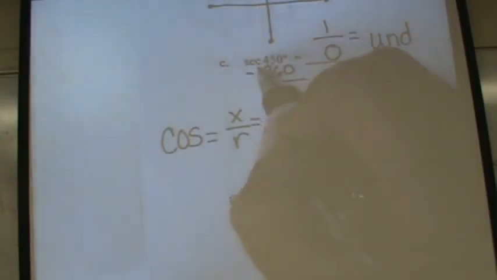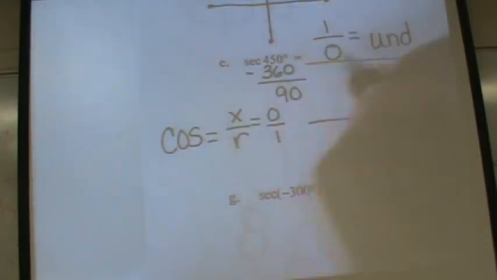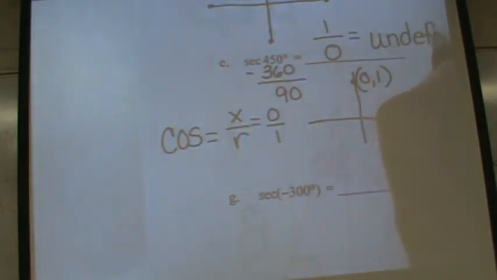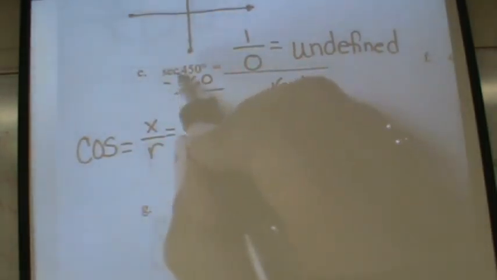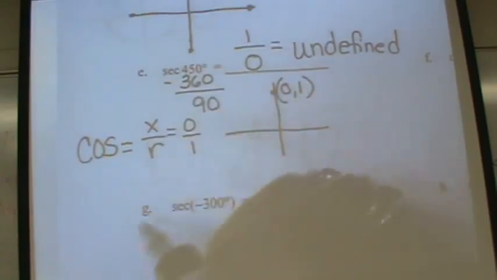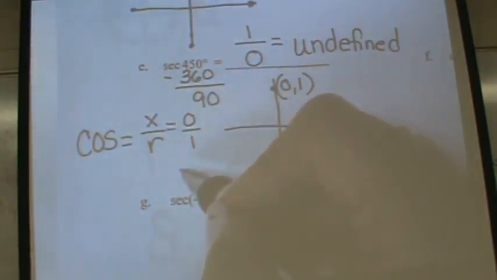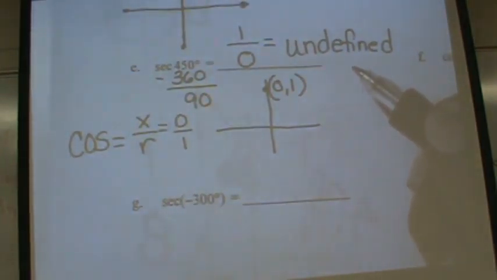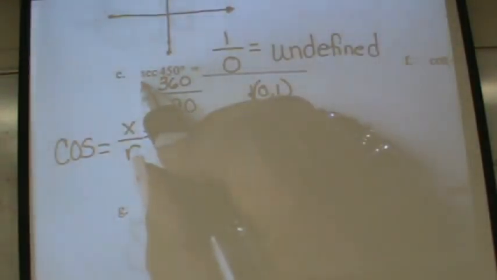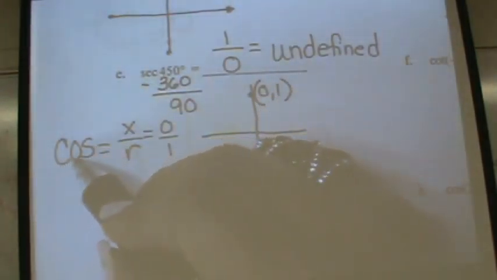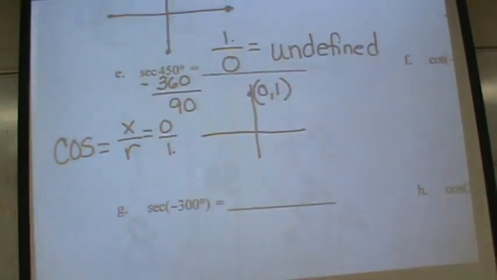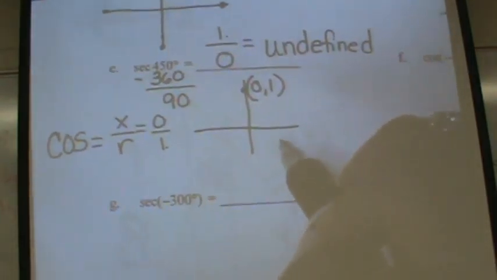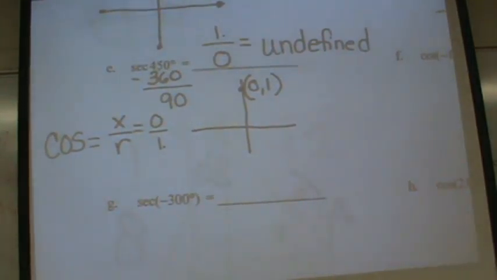Because that's what secant is, you flip the cosine. So the actual answer is 1 over 0, and you can't have 0 in the denominator, so it's undefined.